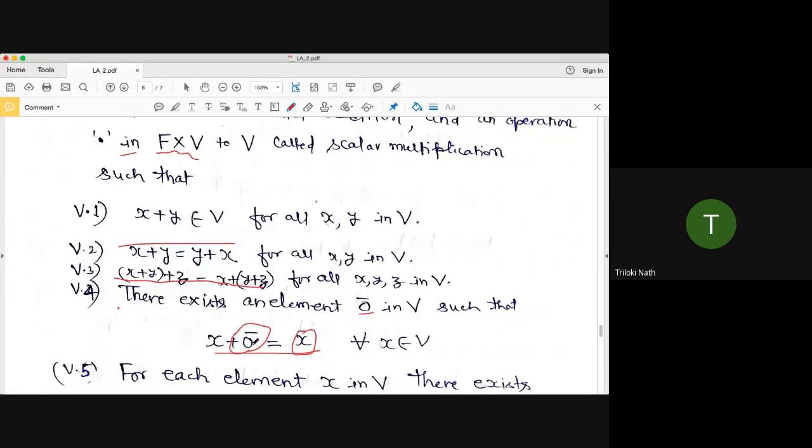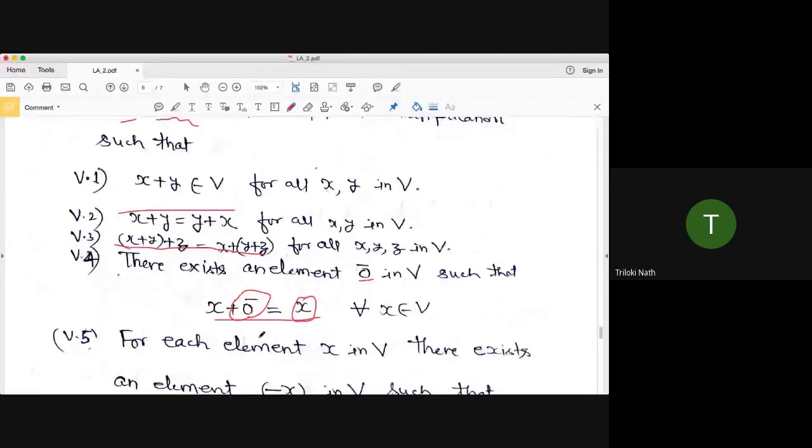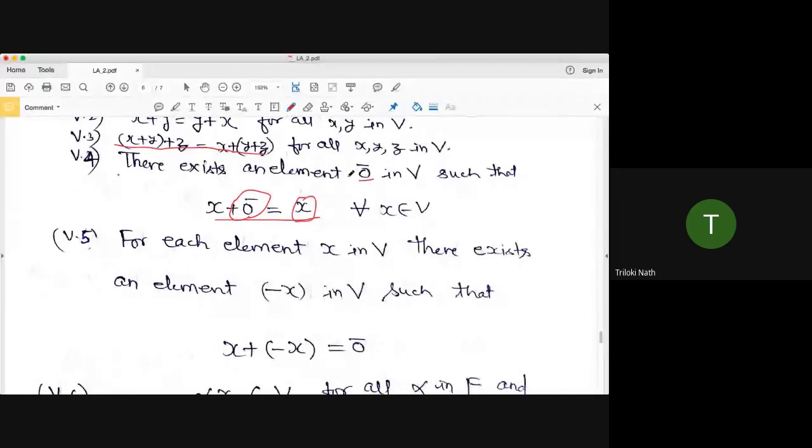That is the concept of identity. Because 0 bar is now the identity, what about the inverse? Inverse means adding to any vector x another vector gives you the zero vector. That is the concept of the inverse element.